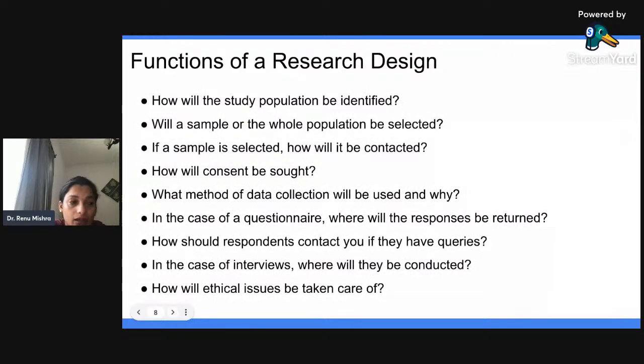Now, why are we actually talking about research design, why is it important? Firstly, you need to be very clear about whom you are conducting your research on. Sometimes we are very thorough about our topic. Okay, I need to understand employee motivation. But employee motivation where?